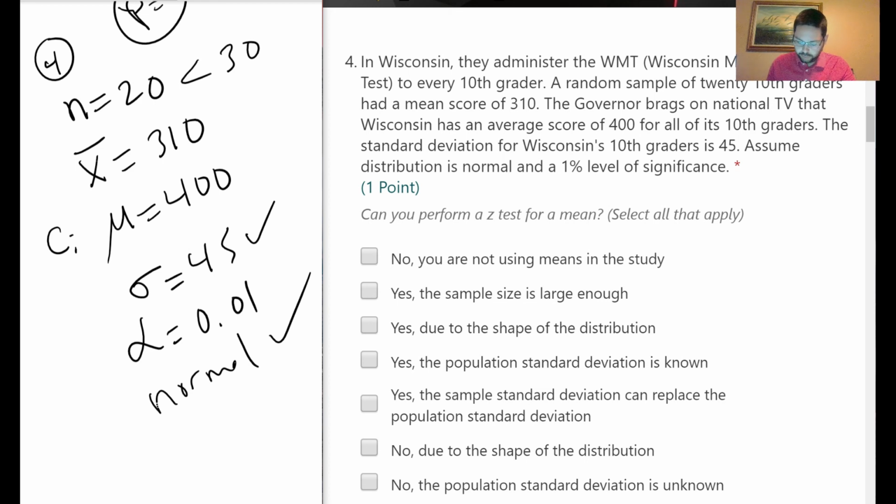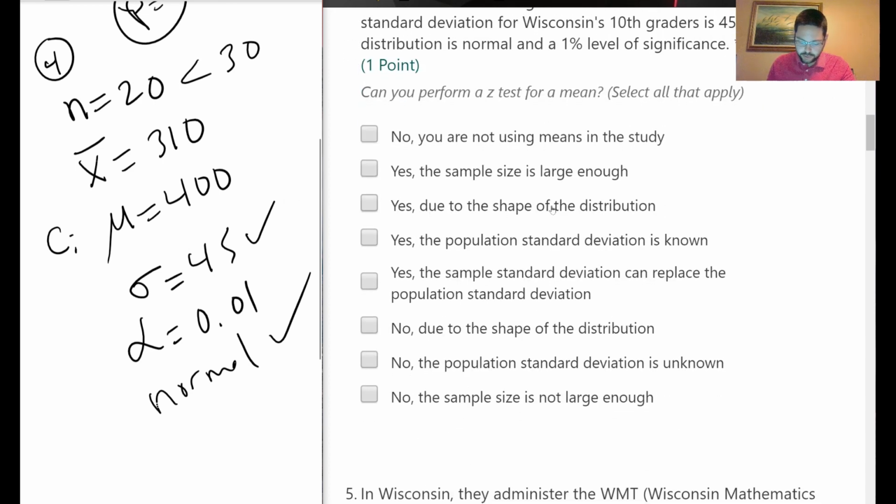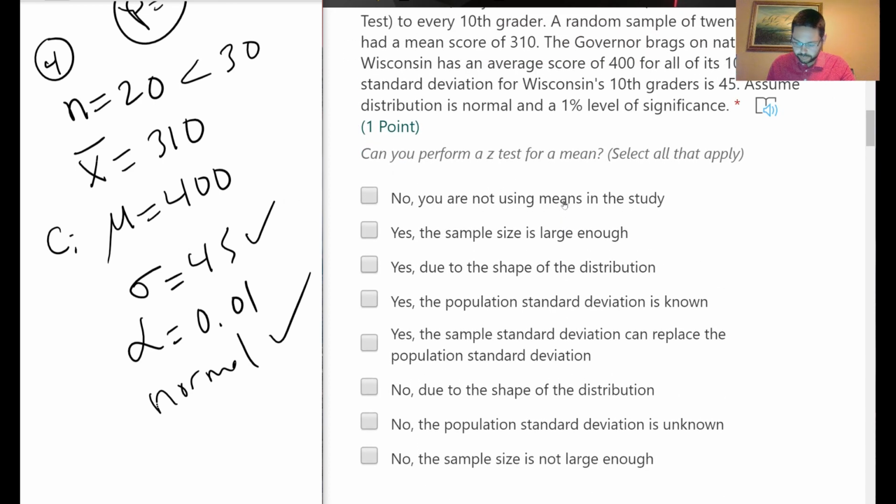So it says here, yes, due to the shape of the distribution, because it's normal. Yes, the population standard deviation is known. Those two things are why we can perform a z-test. All right, and that's it for that problem.